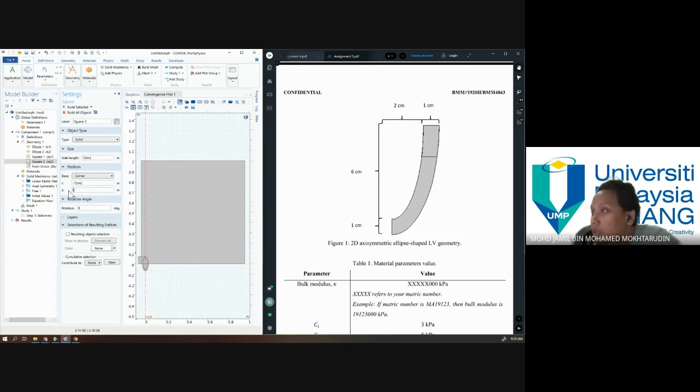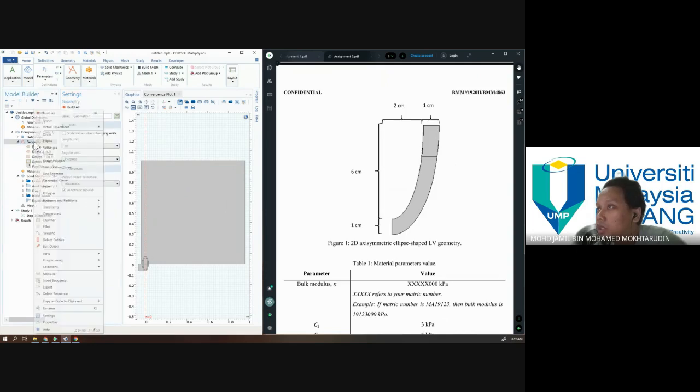And then ke bawah negatif 7 juga kot. Okay. And then you can choose Boolean operator and difference.